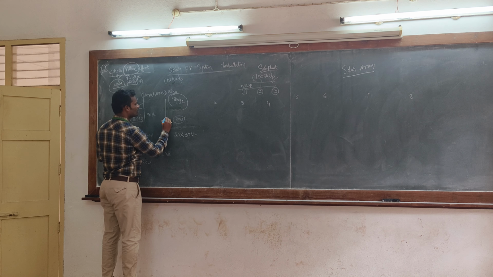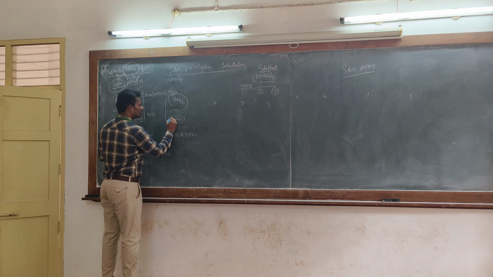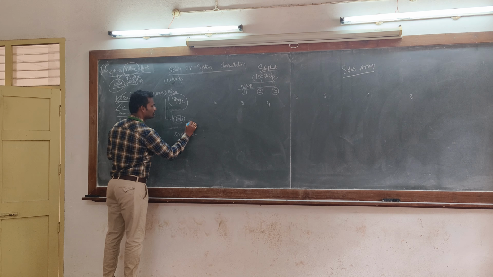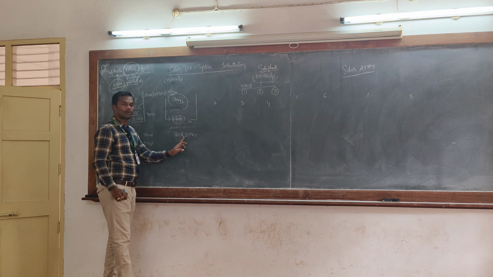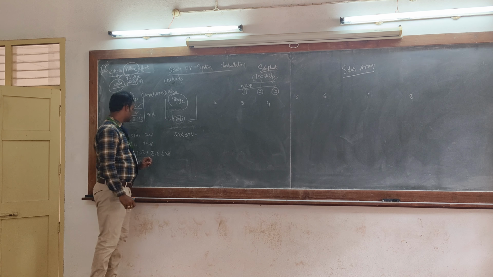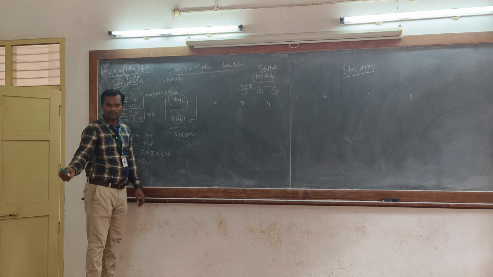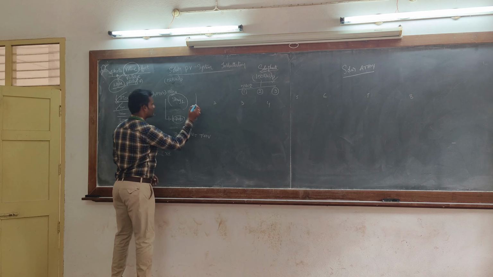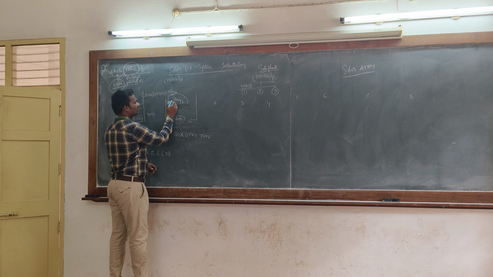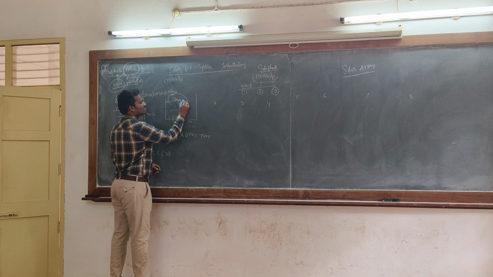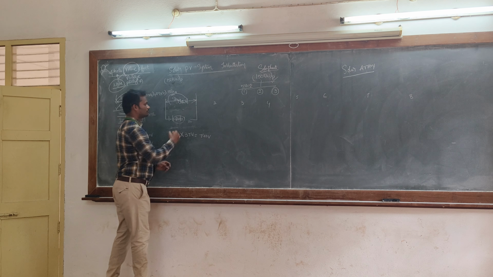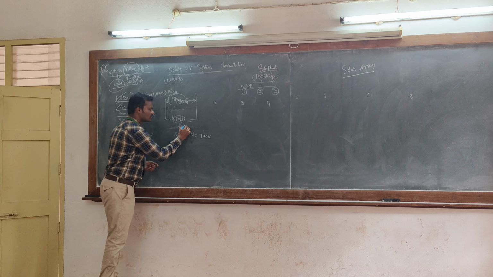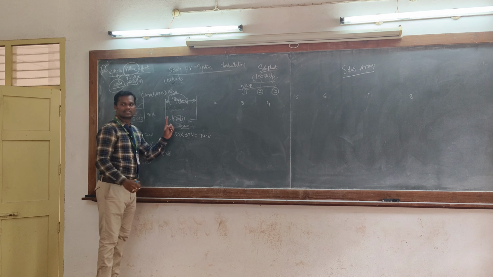Here I have solar panels 1, 2, 3, 4 continued up to 20, all connected in series. So multiply 20 into 37. You are going to get 740 volts. Now what is the maximum voltage across string 1? 740 volts. How many panels are connected in series? 20 solar panels.